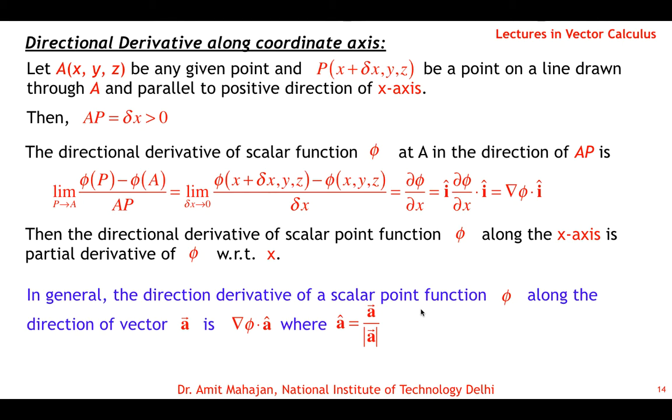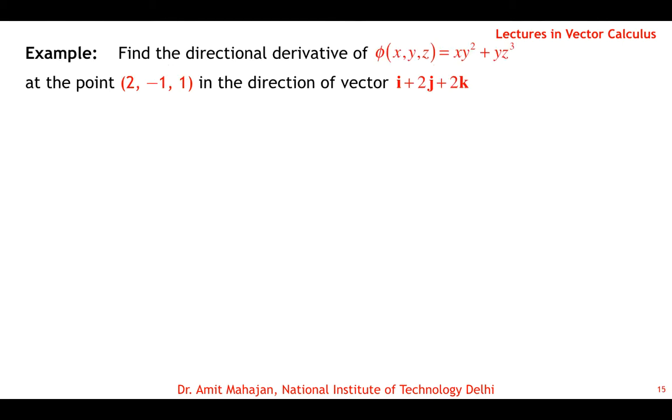So now we can take a few examples here. Say, find the directional derivative of this function at the point (2, -1, 1) in the direction of this vector. So we want to find the directional derivative of phi in the direction of this vector a, but at this point.